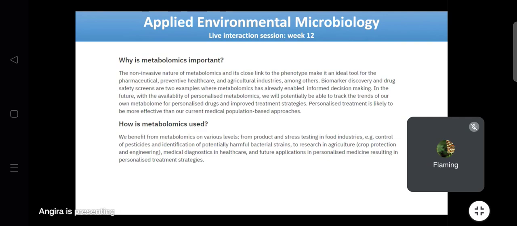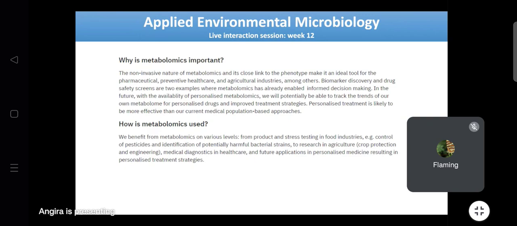So basically, personal treatment, if you see, if we check a particular cell's reaction to a particular drug, then we can also modify the personal treatment depending on the metabolic activity of the cell in the presence of the drug.